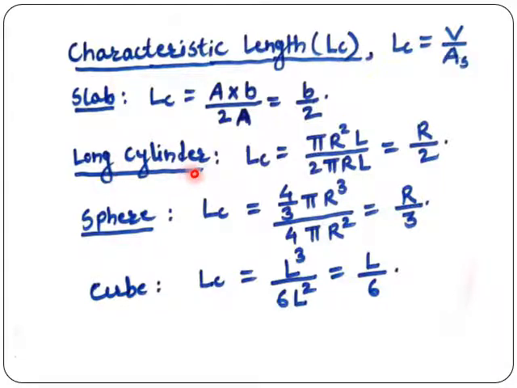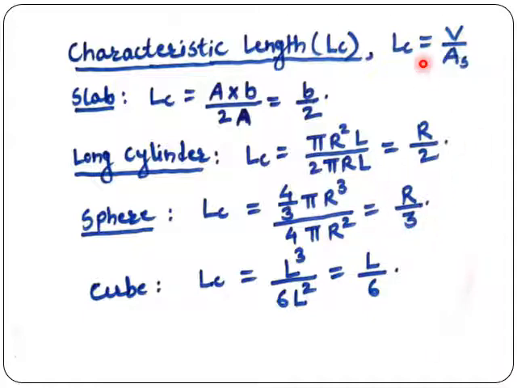Similarly, for a cylinder, the volume is pi r squared into L, the cross section area into L, divided by 2 pi r L, the circumference into length, which is the surface area. So the characteristic length for a cylinder is r by 2. For the sphere, it is 4 by 3 pi r cubed divided by 4 pi r squared, volume by area, which comes out to be r by 3.